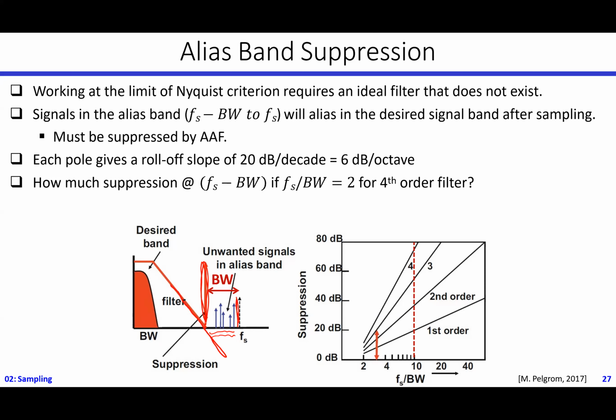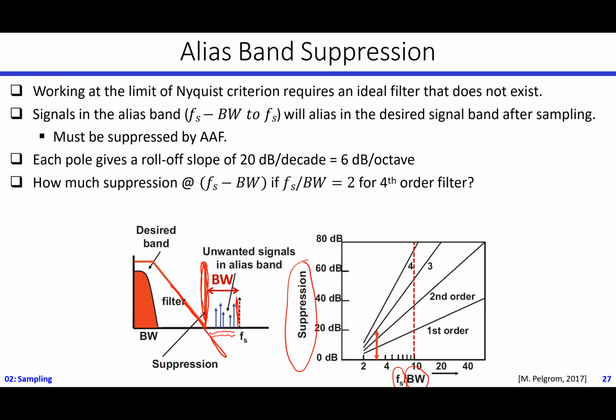Okay, so now if we look at this plot here, it shows the suppression in dB, how much I will suppress those unwanted signals, with respect to the sampling frequency divided by the bandwidth of your signal.